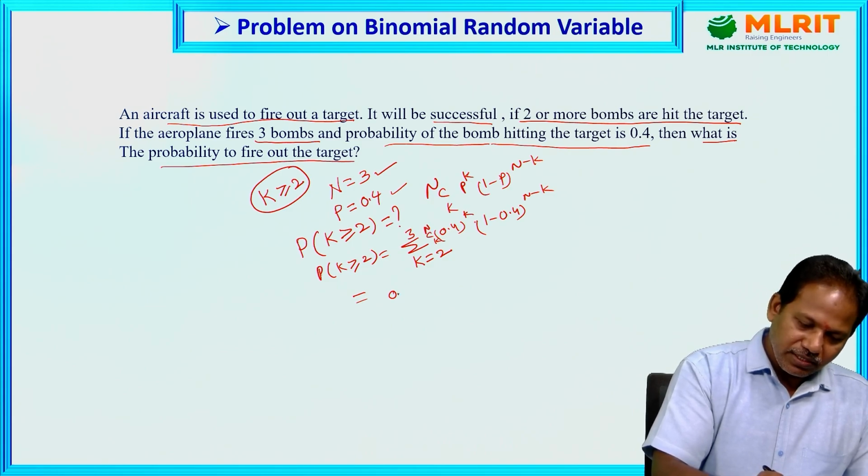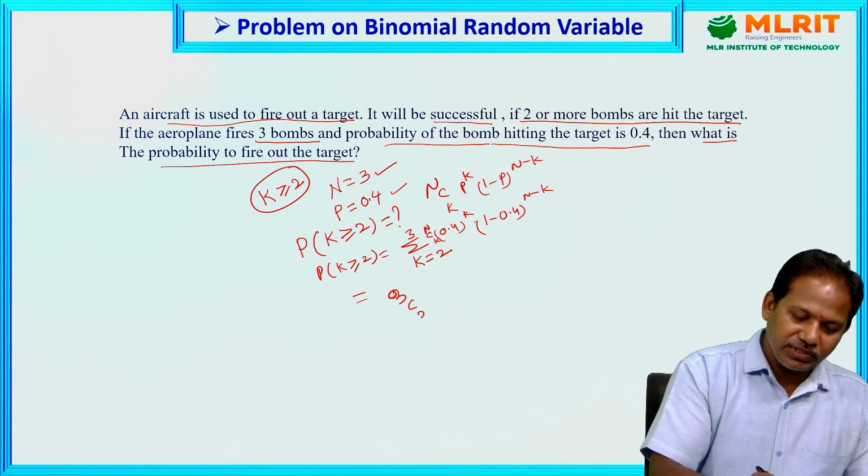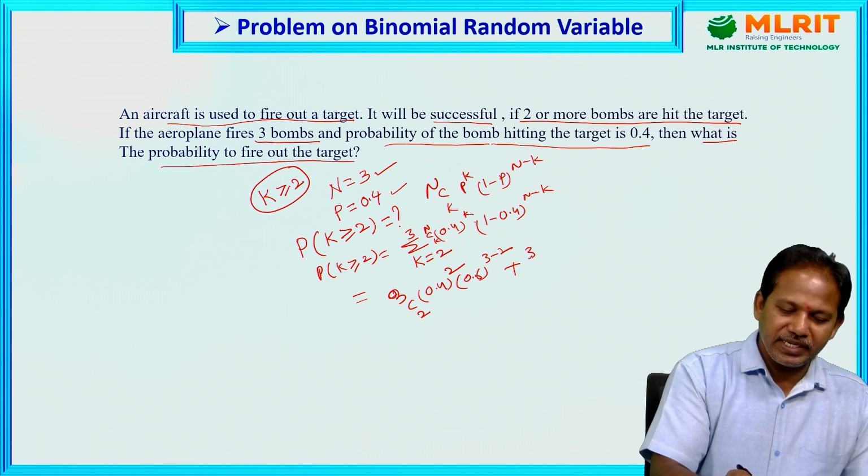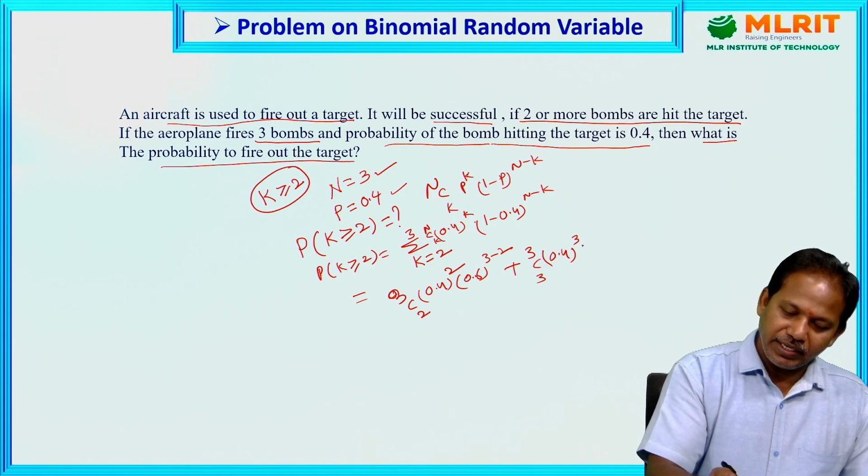that is 3C K equal to 2, first 3C2 0.4 power 2 into 0.6 power 3 minus 2, plus next K equal to 3, that is 3C3 0.4 whole power 3 into 0.6 whole power 3 minus 3.